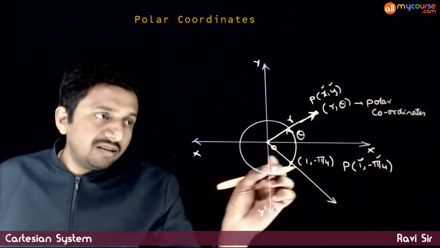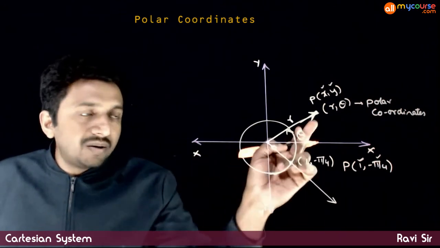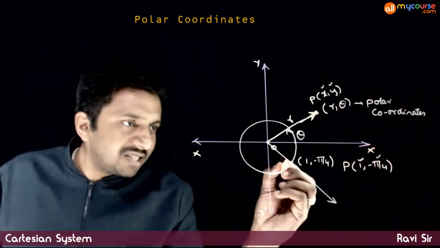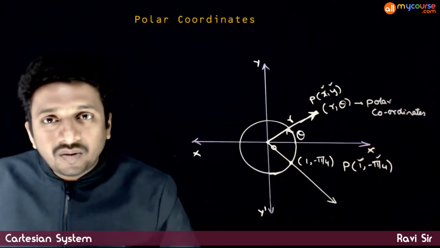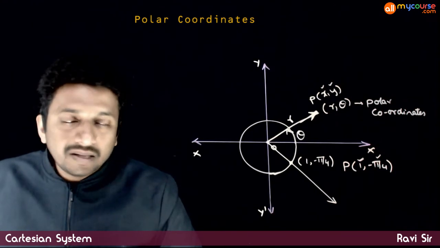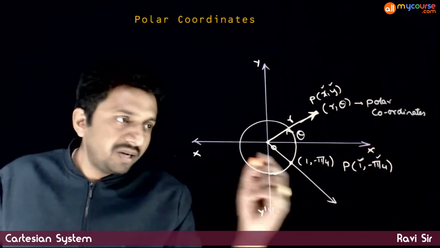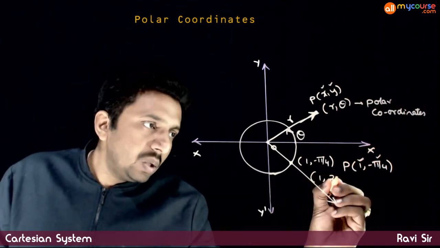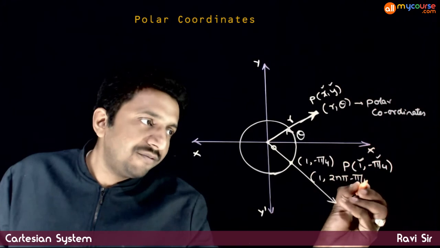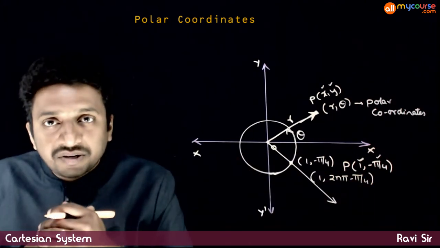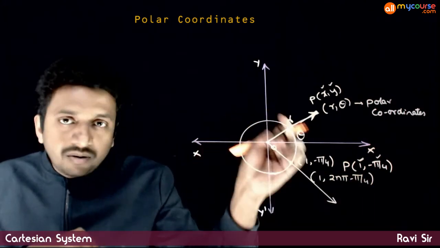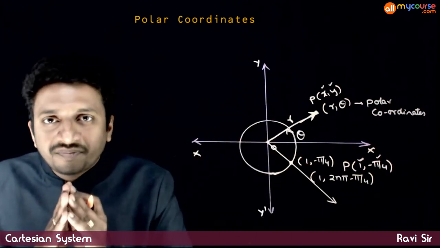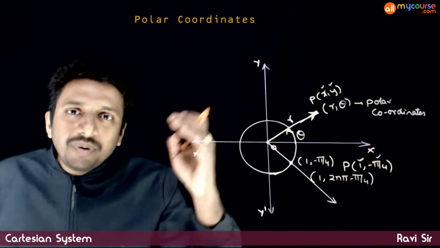Now the important thing that you need to understand about polar coordinates is that they are not unique. That means this point might have more than one polar coordinate. For example, 1 comma minus pi by 4 is exactly the same as 1 comma 2n pi minus pi by 4. This is something we have learned in trigonometry: even after one rotation the ray stops here, even after two rotations the ray stops here, because angle is a periodic quantity.